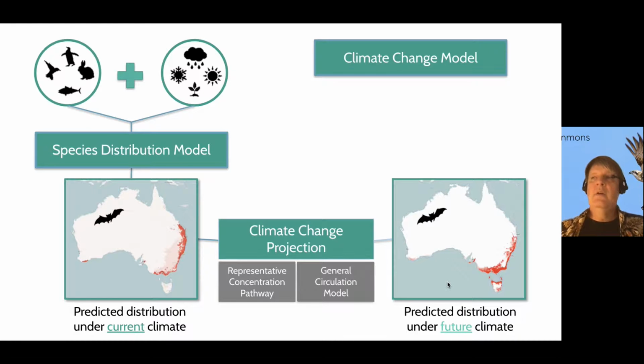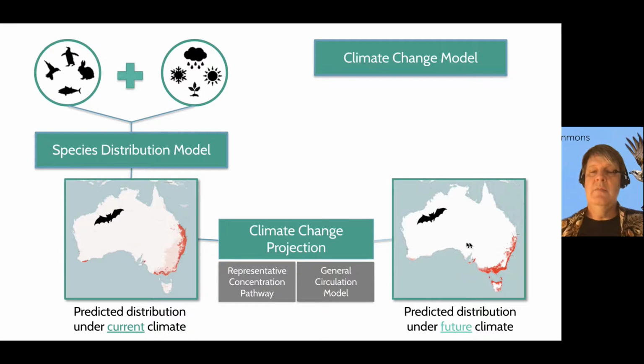So again, if we're going to take a species distribution model and project it into the future, we take our initial species distribution model, then we pick, well, are we feeling pessimistic or optimistic? Which emissions pathway are we likely on? And which of many general circulation models are we going to choose?